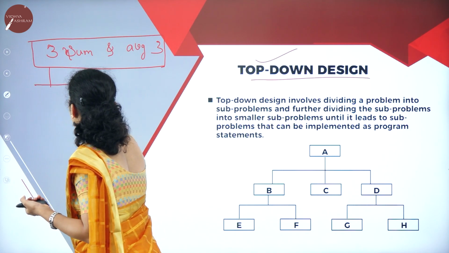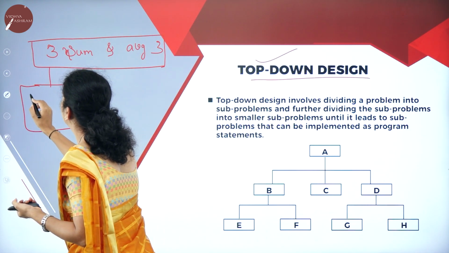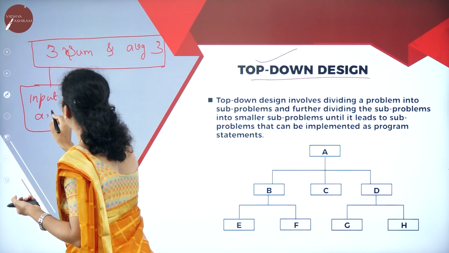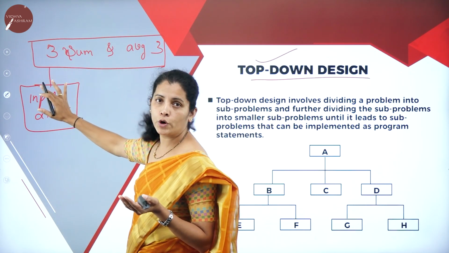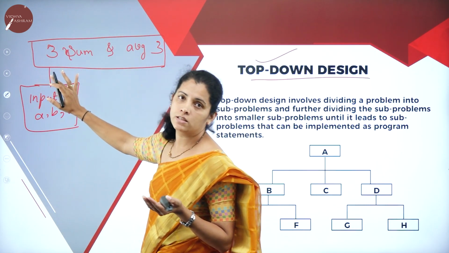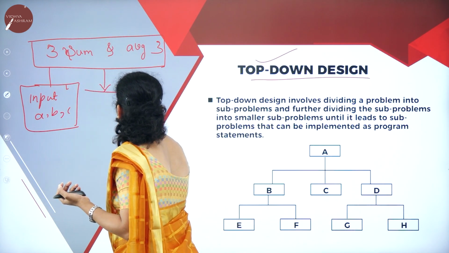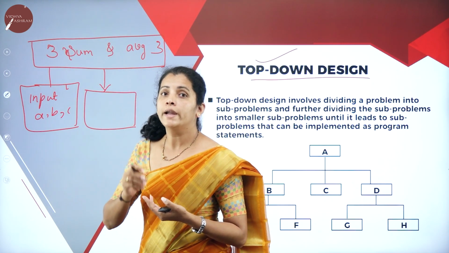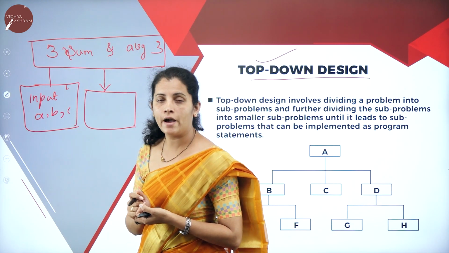So at the beginning here, I'm going to read the input: input A, B, C. So this is my first module or first sub-program. Then in another module, what will I do? I'm going to perform the addition operation. Along with that, I'm going to find the average.